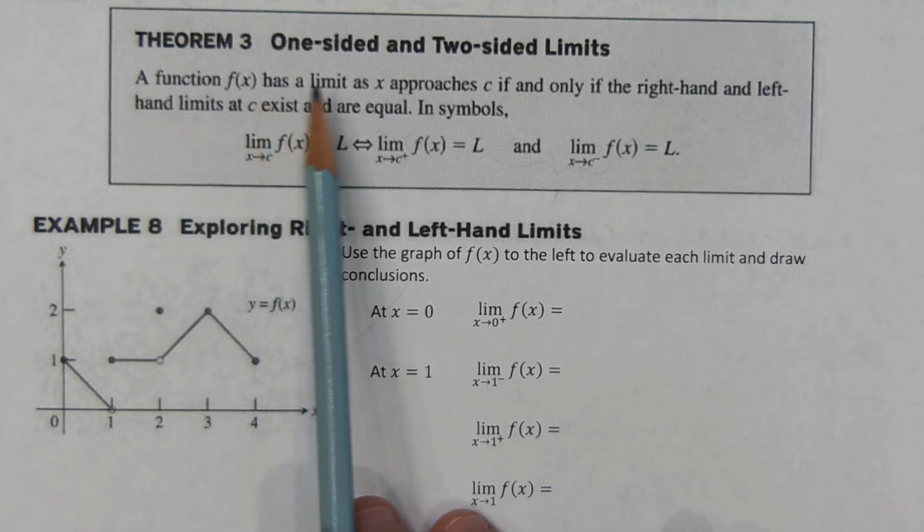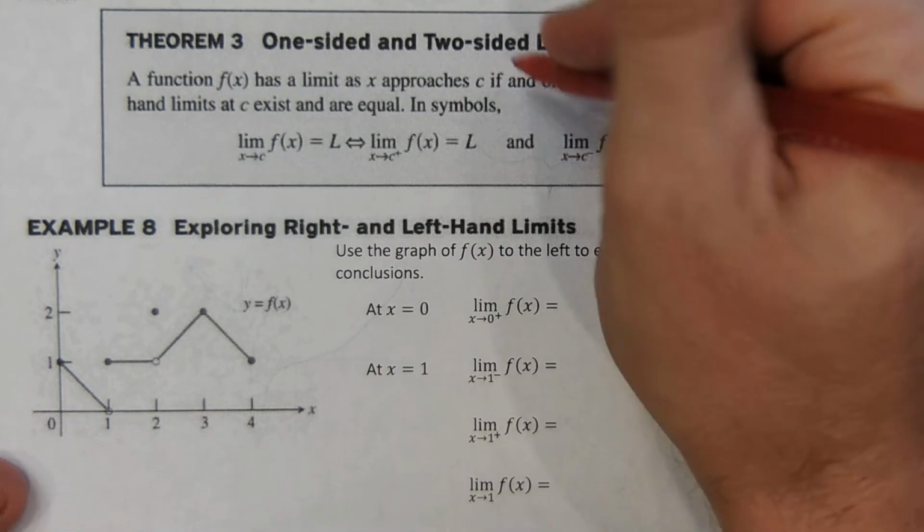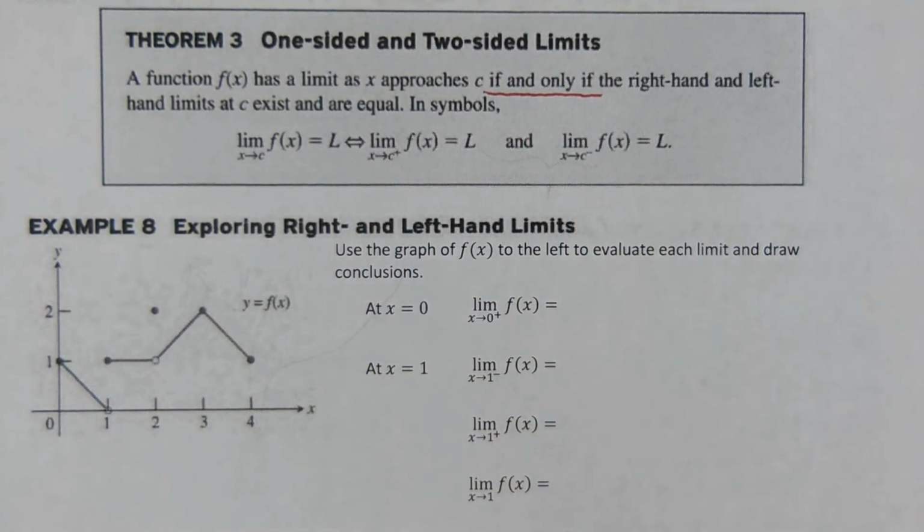A function has a limit as x approaches c if and only if the right-hand limits and the left-hand limits are equal. So you have to say that a limit doesn't exist if the left and right limits are not equal.